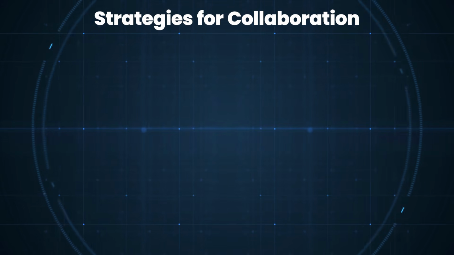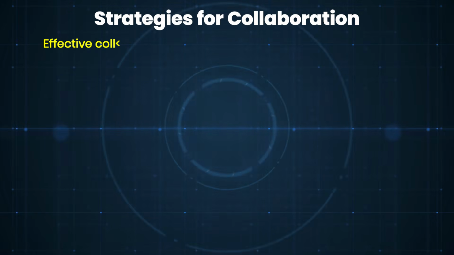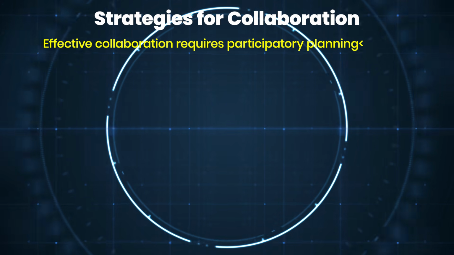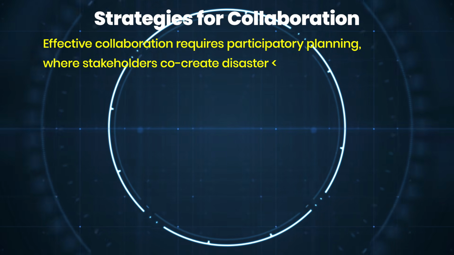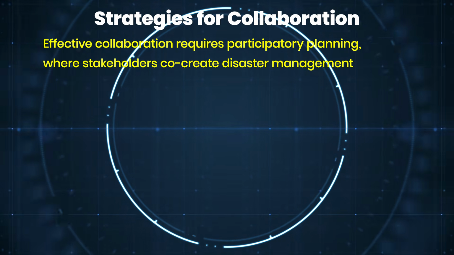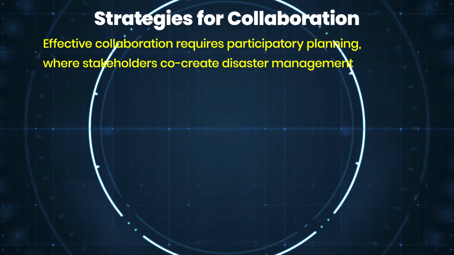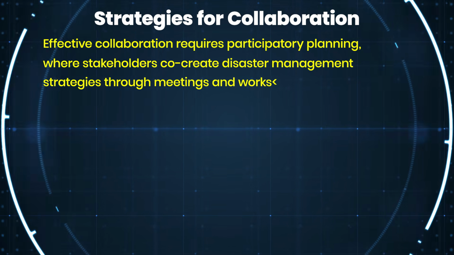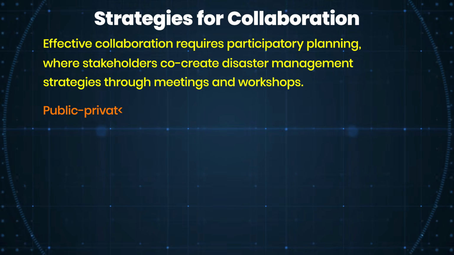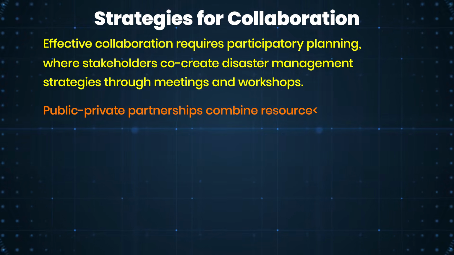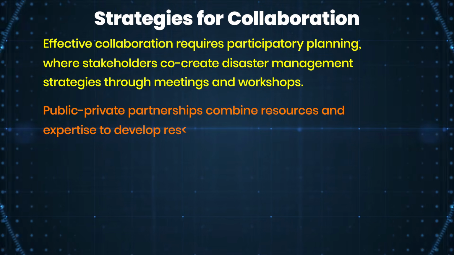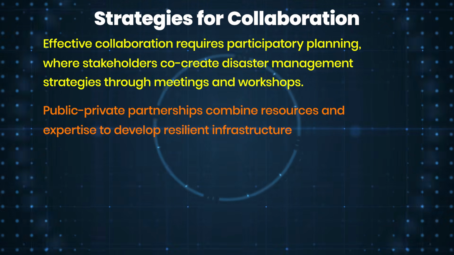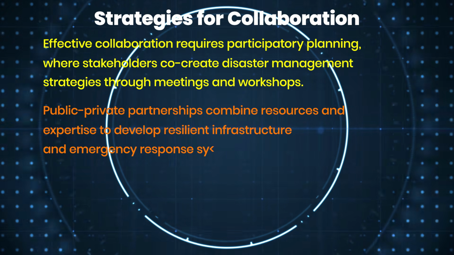Next point is a strategy for collaboration. What strategy we need to follow for effective collaboration? This requires participatory planning where stakeholders co-relate disaster management strategies through meetings and workshops. Public-private partnerships combine resources and expedite to develop resilient infrastructure and emergency response systems.